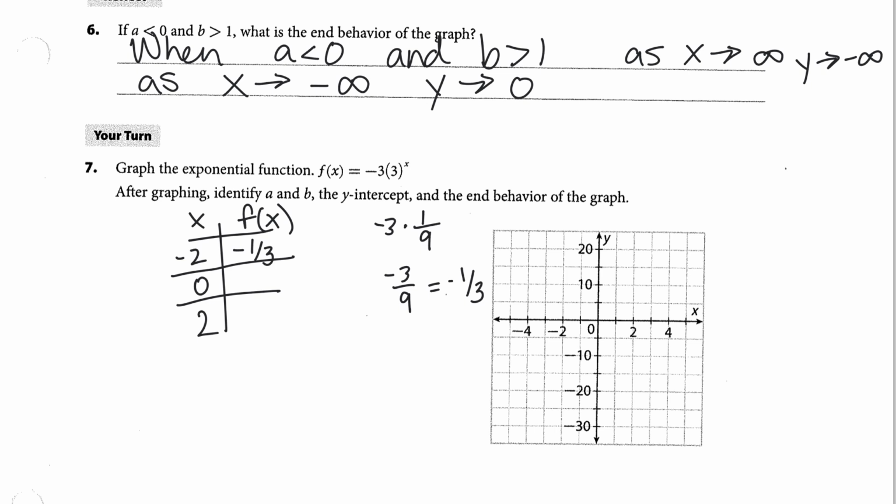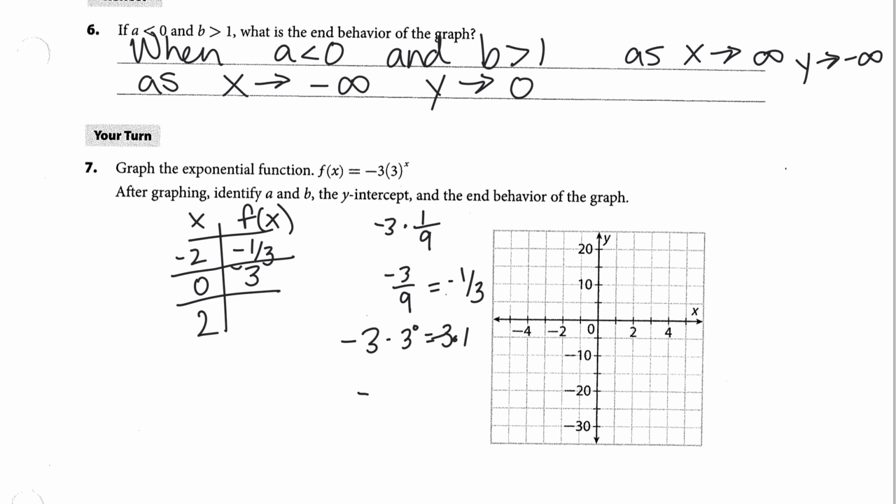At 0, 3 to the 0 power is 1. So then if we had 3 times 3 to the 0 power, that would be 3 times 1, or 3. Oh, -3.